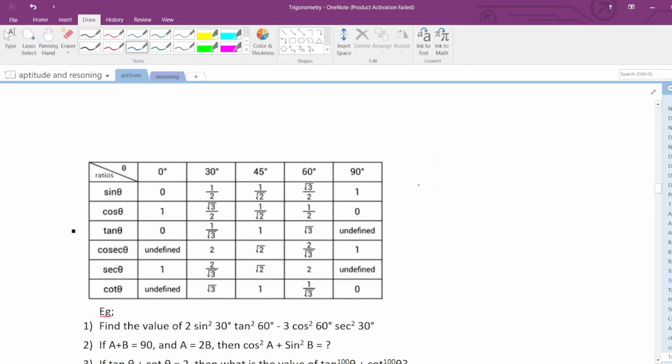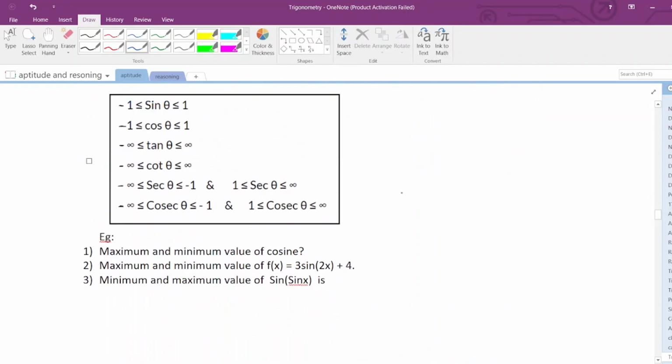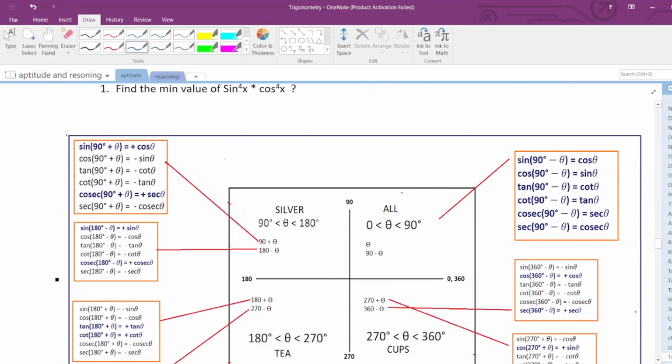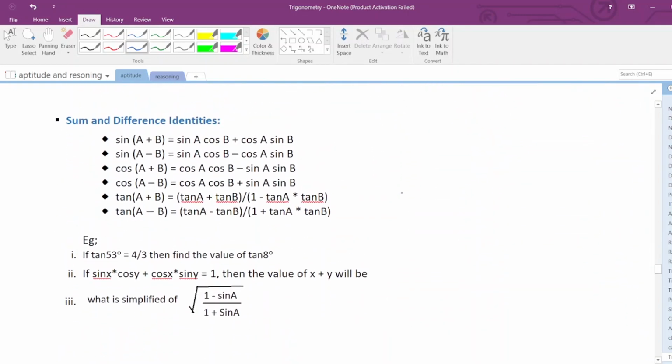They can also give questions on this table. They can also ask about max and min values. Not only that, they can also ask quadrant based questions. There are a few more different formulas, and they can ask cosine rule and sine rule based questions also.